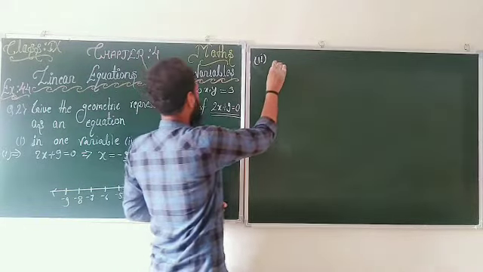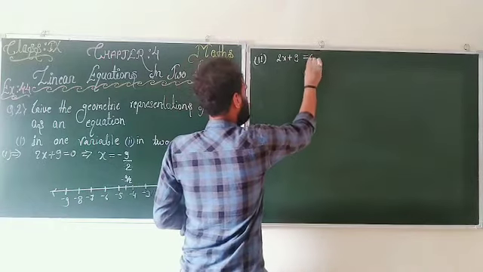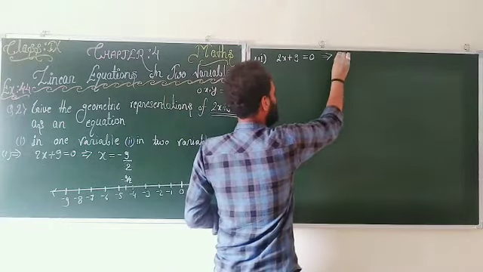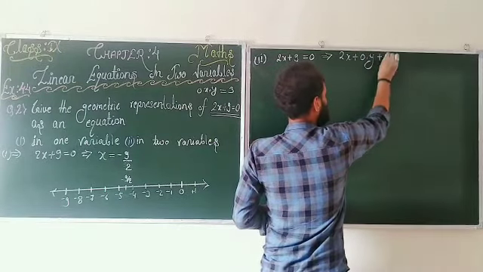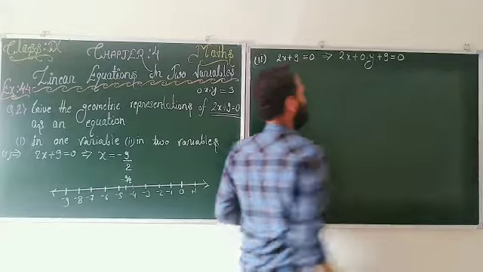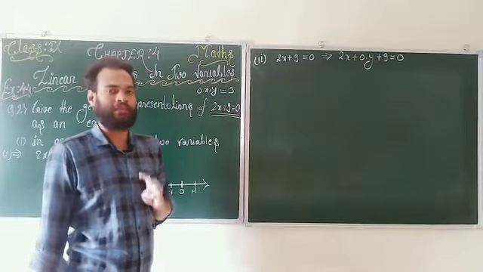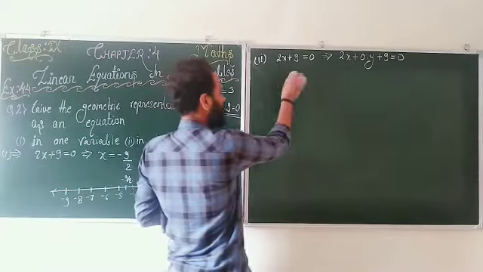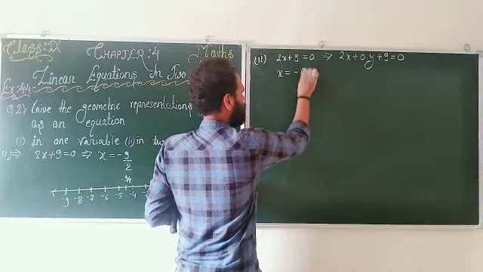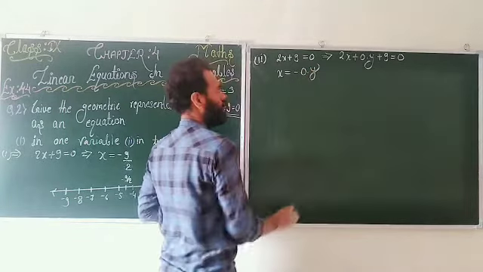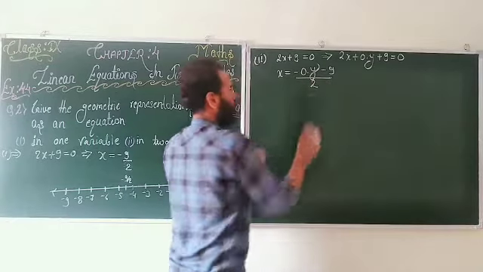Now in two variables, the equation 2x plus 9 is equal to 0, we write as 2x plus 0 into y plus 9 equal to 0. When we solve it, we get the same equation 2x plus 9 equal to 0. And here when we get the value of x, we get minus 0 into y minus 9 upon 2.